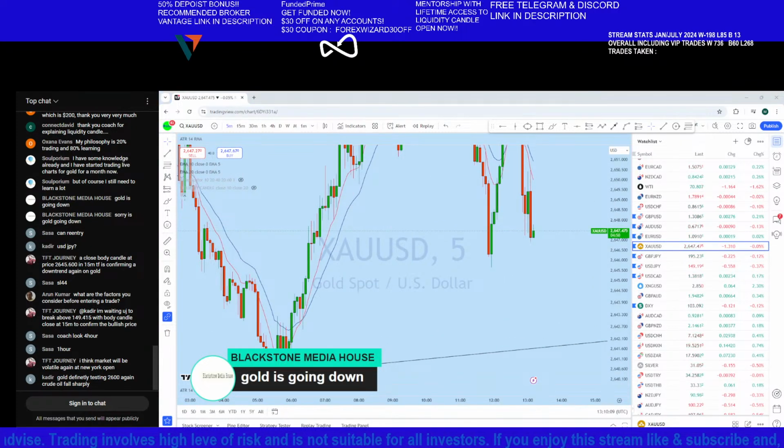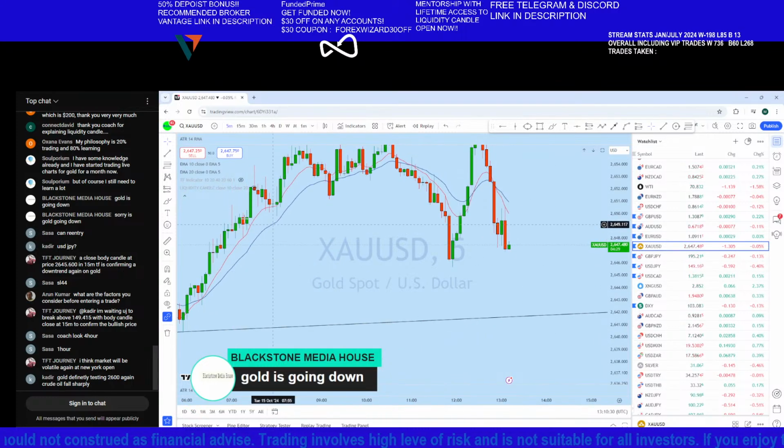With that being said, I will be opening a sell on XAUUSD at this price on the 5 minutes time frame.